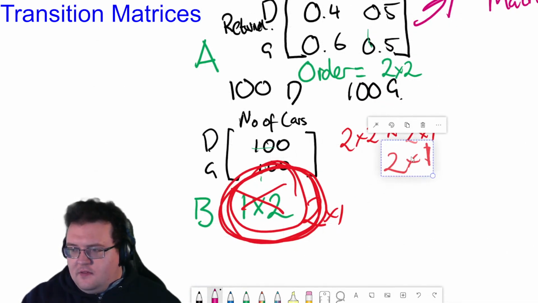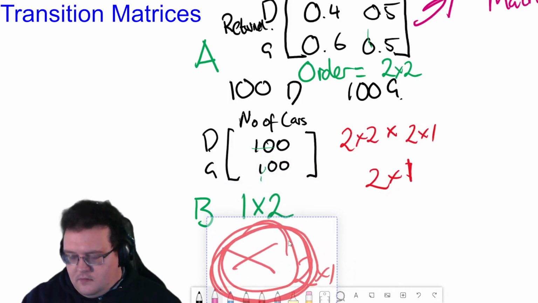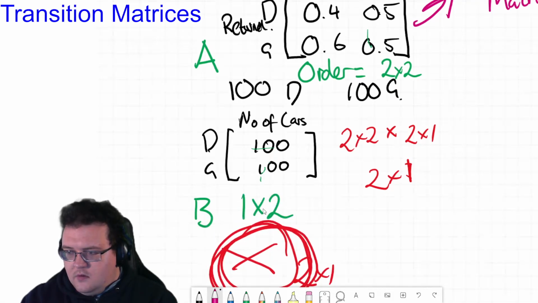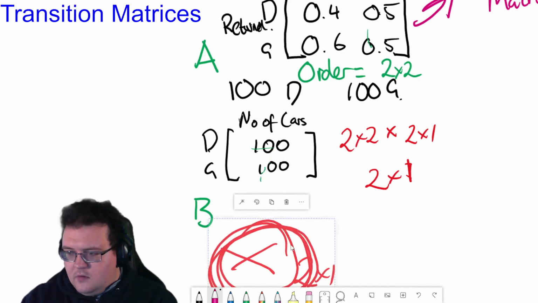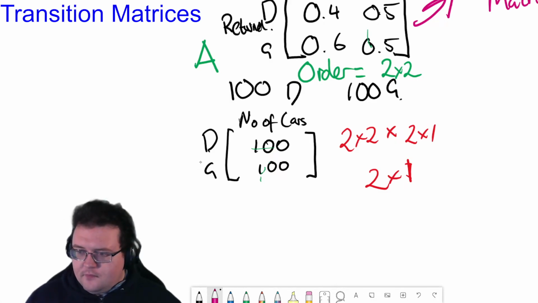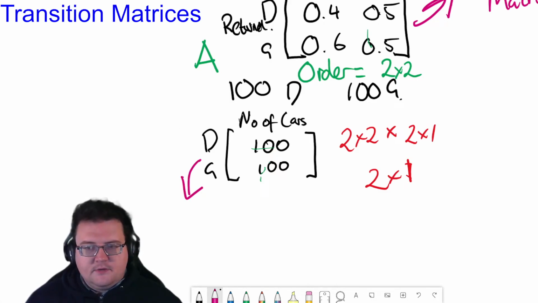And this matrix here is called a state matrix.